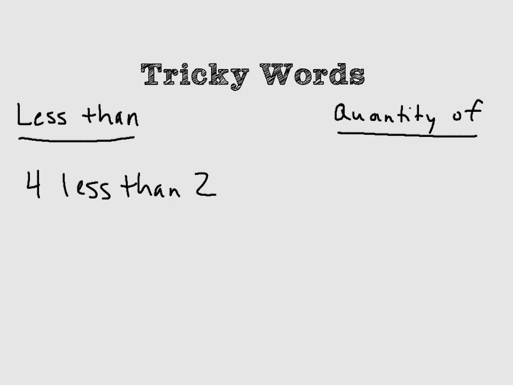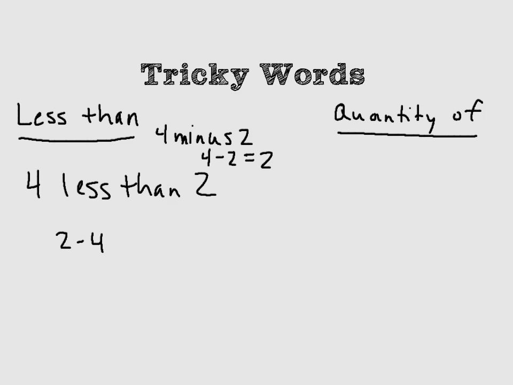If I would have said 4 minus 2, then you would have thought, oh, 4 minus 2, just how it reads. Now 4 less than 2 is a little different. 4 less than 2 is that I have 2 and I have 4 less than that. So actually it needs to kind of switch around, so it's actually saying 2 minus 4 instead of 4 minus 2.